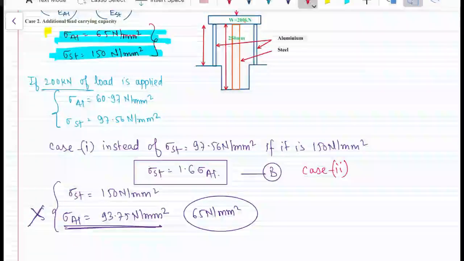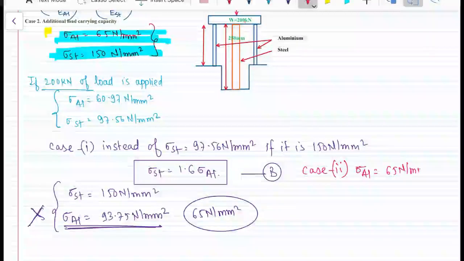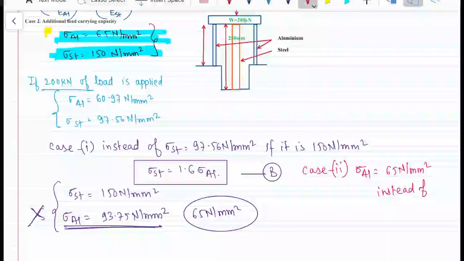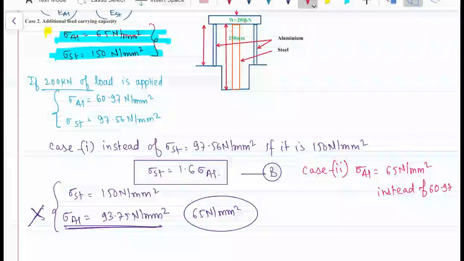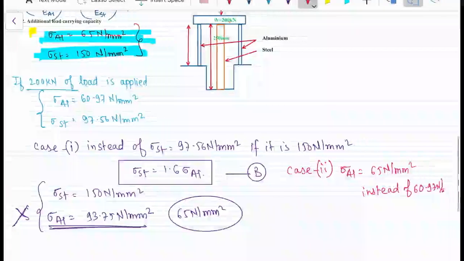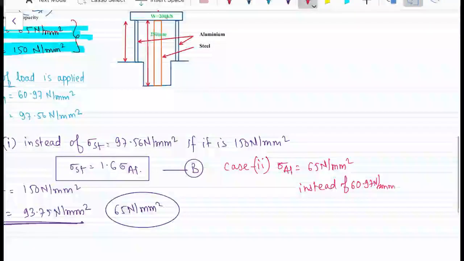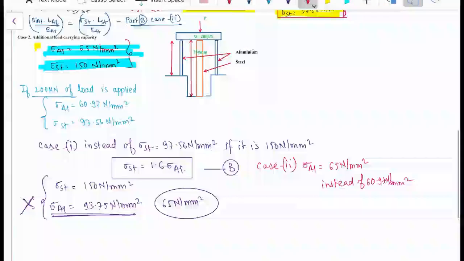So in case 2, what we will assume? We will assume sigma aluminum as 65 Newton per mm square instead of 60.97 Newton per mm square. So if we are assuming 65 Newton per mm square, again we will use this B relation.